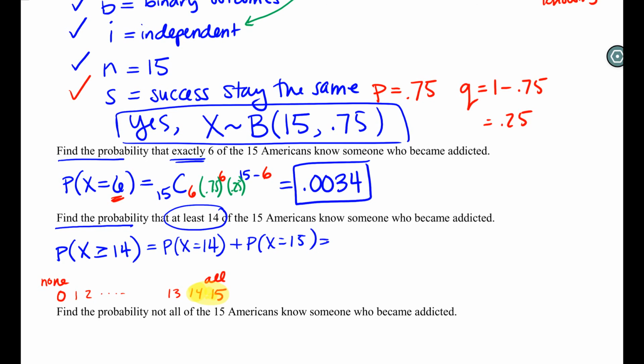So I would need to do 2 of these formulas, one with an n of 14 and one with an n of 15. And then plus 15 choose, and then do the same thing with the 15. So that's what I would need to be typing into my calculator.